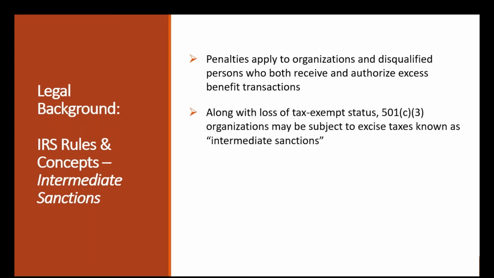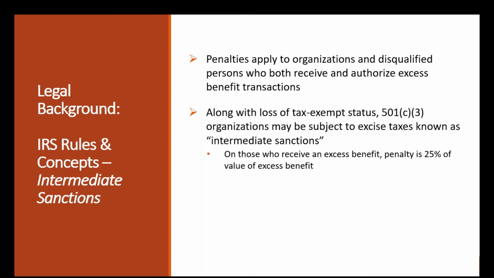They're called intermediate penalties because they are not as serious as terminating your organization's 501c3 status. Back in the day, before we invented intermediate sanctions, that was the IRS's only recourse when excess benefit transactions occurred. Now we just get to levy excise taxes that we call intermediate sanctions.